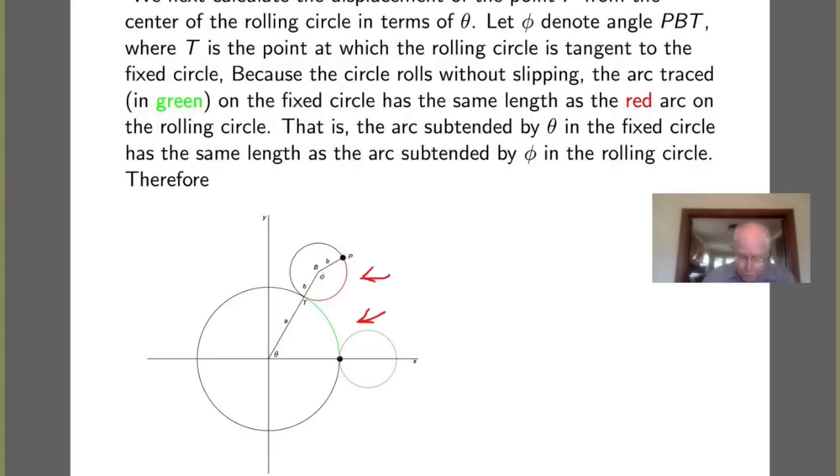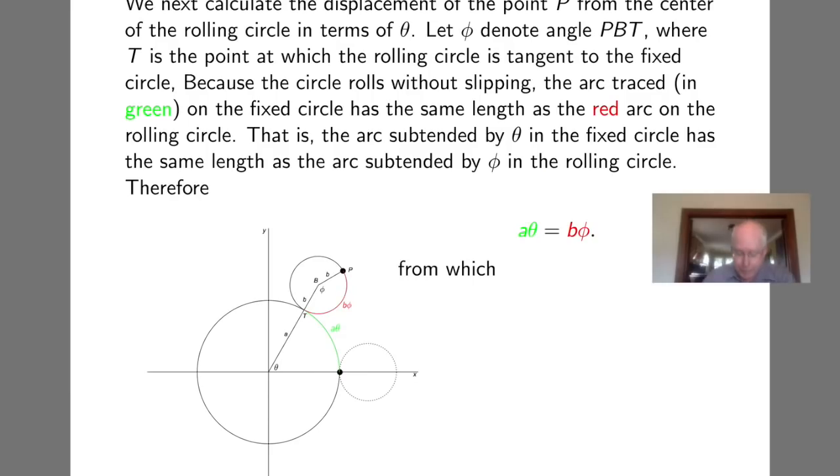Now, as we saw earlier, we can find expressions for the lengths of these two arcs. The green arc, subtended by the angle theta in a circle of radius a, has length a theta. The red arc has length b phi, because we're in a circle of radius b and the subtended angle is phi.